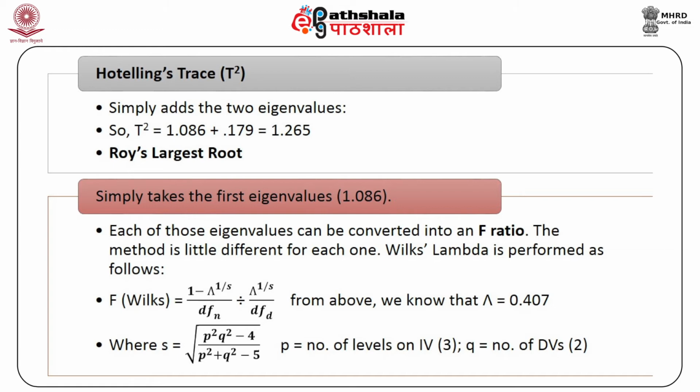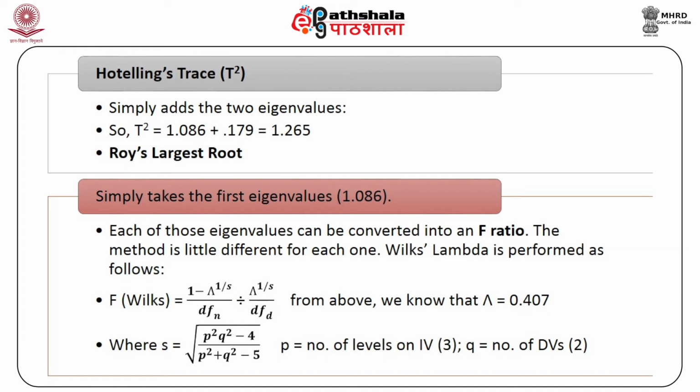The F by Wilks lambda is 1 minus inverted V to the power of 1 upon S, divided by the degree of freedom, and again this whole divided by the inverted V, that is Wilks lambda, to the power 1 upon S divided by the degree of freedom of D.